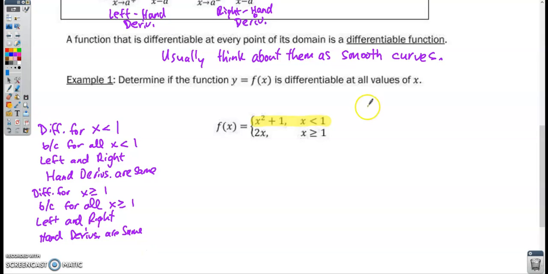In order for it to be differentiable, we need it to exist and be continuous. Okay, so f of 1, that's this branch. f of 1 is defined.